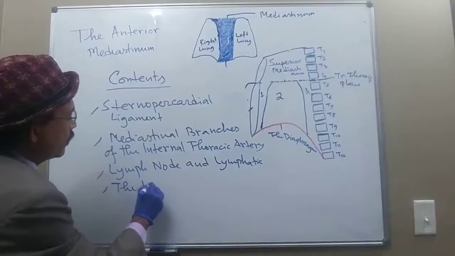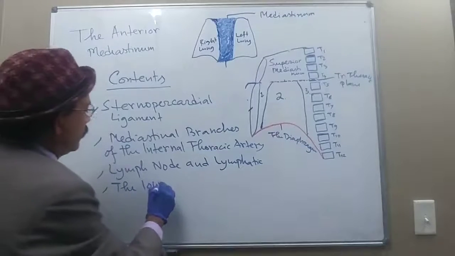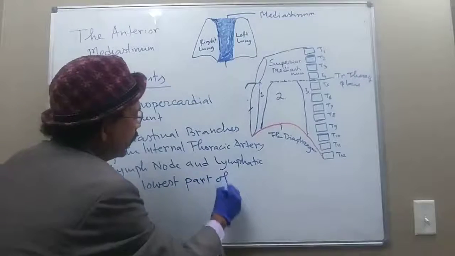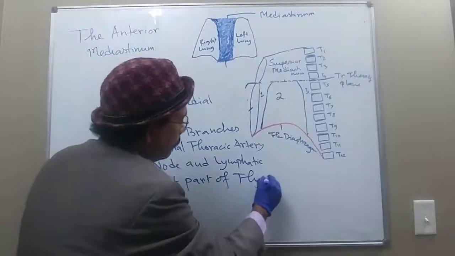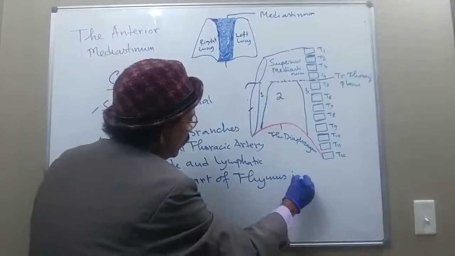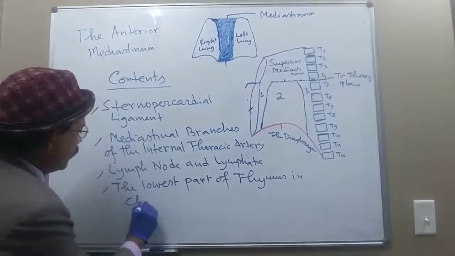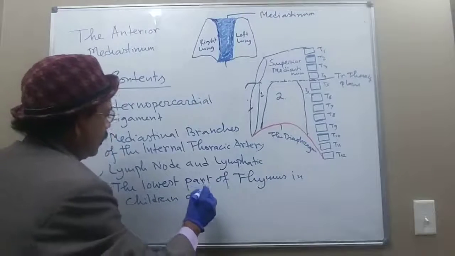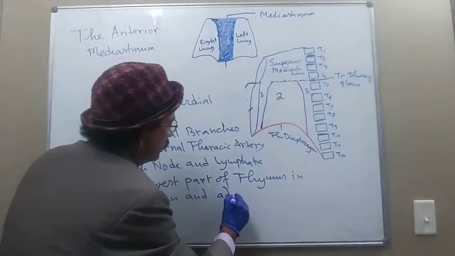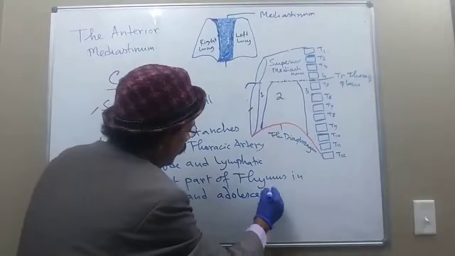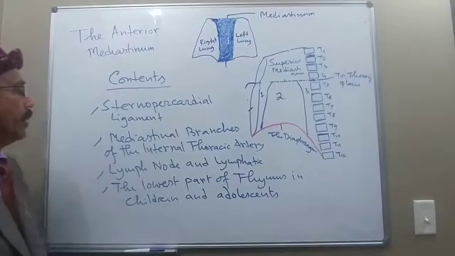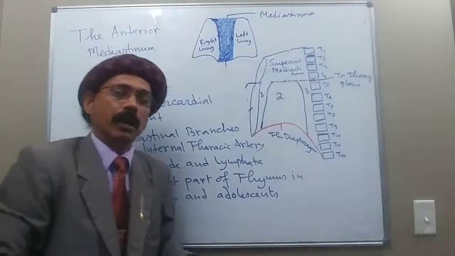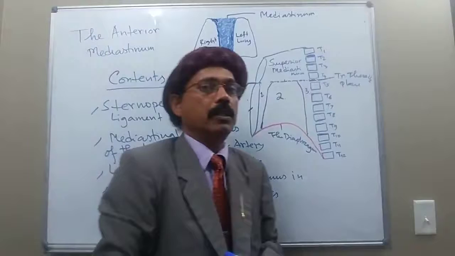And certainly the lowest part of the thymus, especially in children and adolescents. The lowest part of the thymus may go up to the level of the fourth costal cartilage.